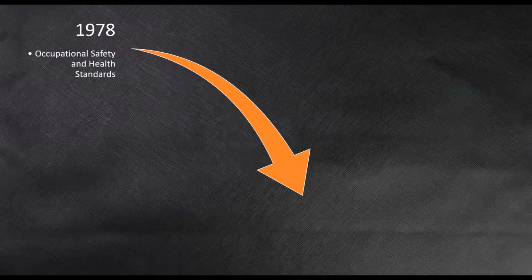In the Philippines, we also have our own version of occupational health and safety that was established in 1978. The Philippine occupational safety and health standards have the same purpose of protecting the safety and well-being of workers in their respective workplaces.